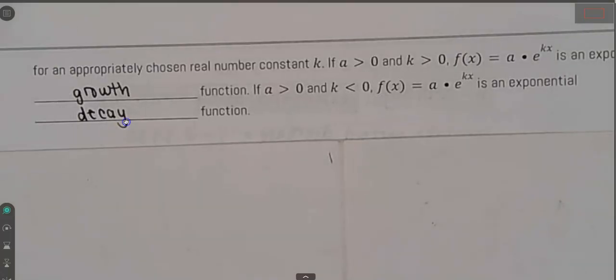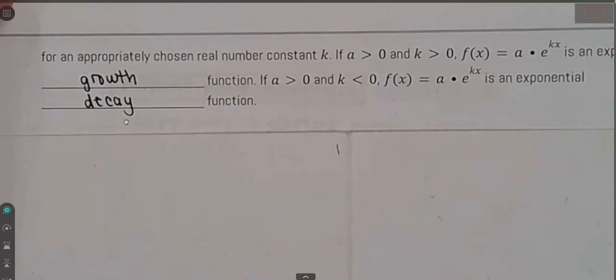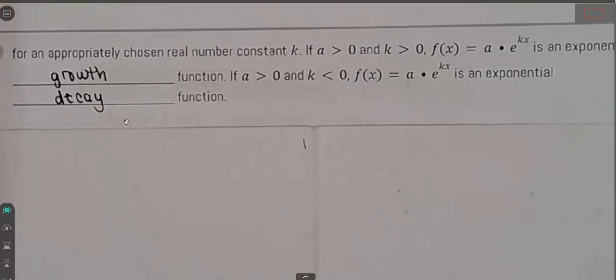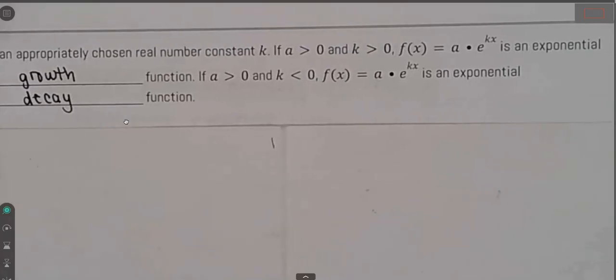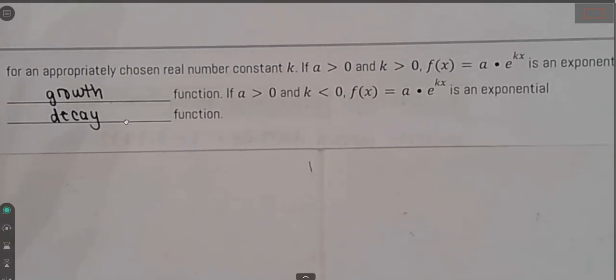All right. For an appropriately chosen real number constant k, if a is greater than 0 and k is greater than 0, this is a growth function. Otherwise, it's a decay function. This is just following the previous definition.